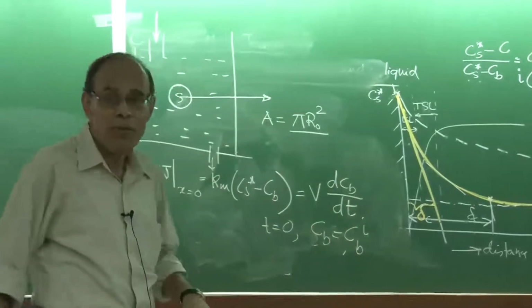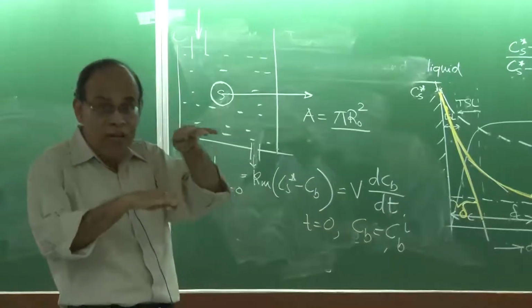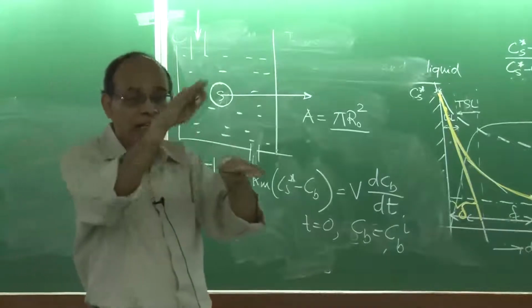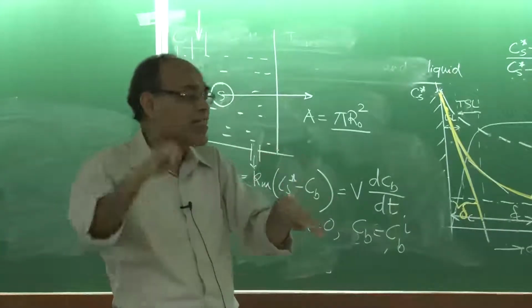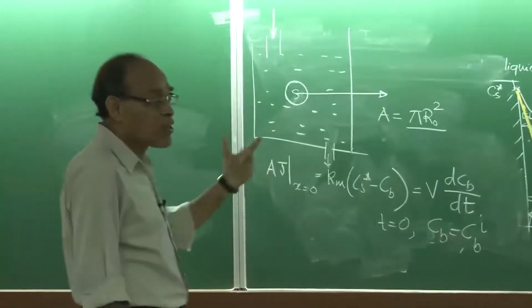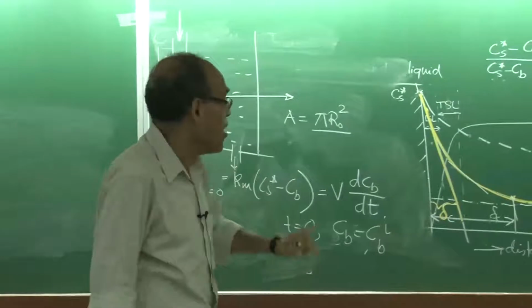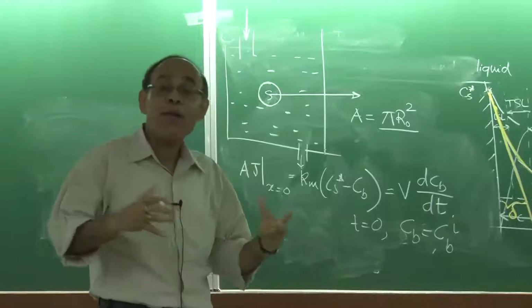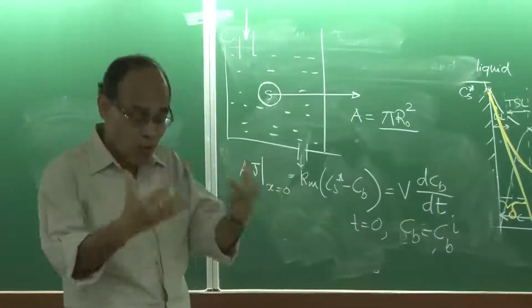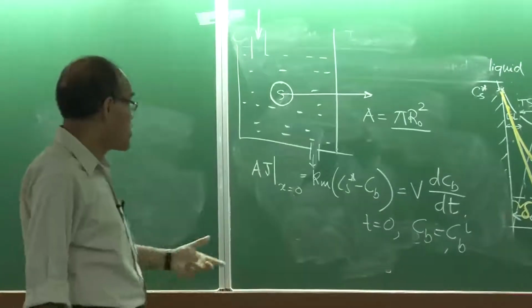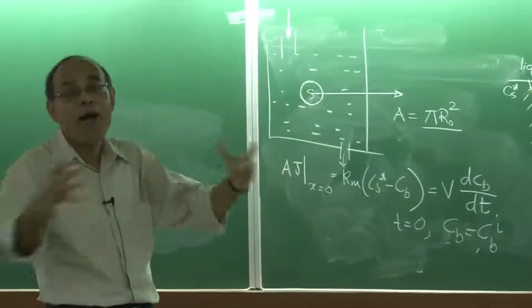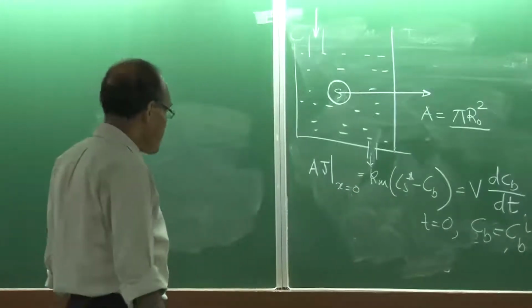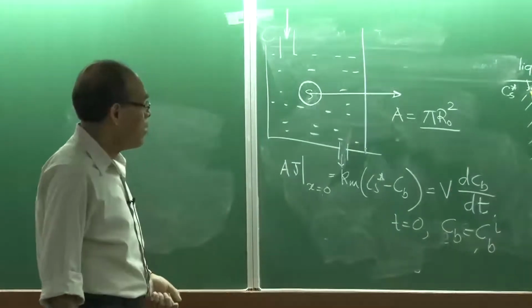But in mass transfer, it is the concentration difference, because with concentration the density changes, and that density difference in turn drives the flow itself. So in heat transfer it is a thermal free convection phenomenon, and in this case we say it is a solutal free convection phenomenon, and there may be systems where both thermal and solutal free convection exist together, and we say such phenomena are combined thermosolutal, the result of combined thermal and solutal free convection.